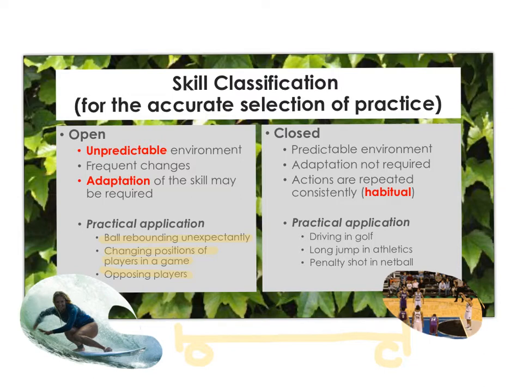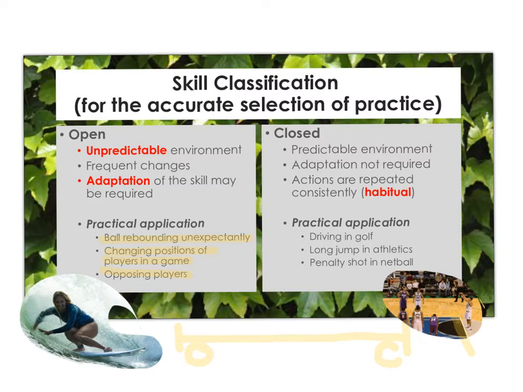Adaptation is therefore not required, because if the environment is still the same, i.e. in this picture of the basketballer, he's behind the free throw line, he's always behind there, the surface is always the same, the hoop is always the same size, the hoop is at the same height, at the same distance, and he does not have players directly influencing his shot, so he does not need to adapt his skill.